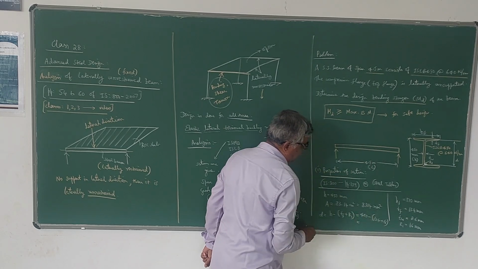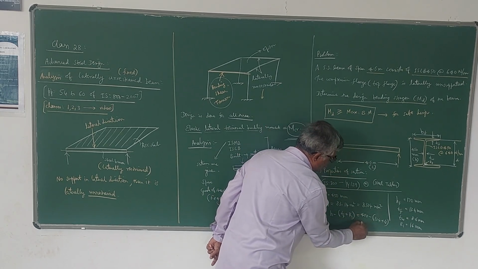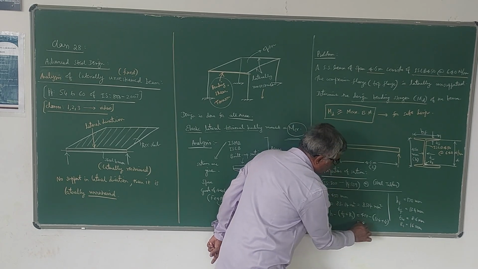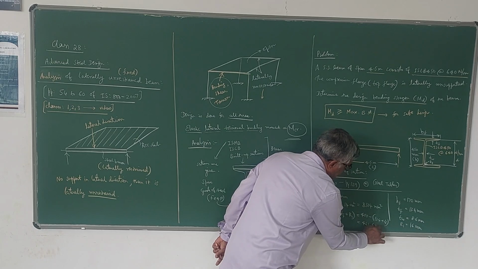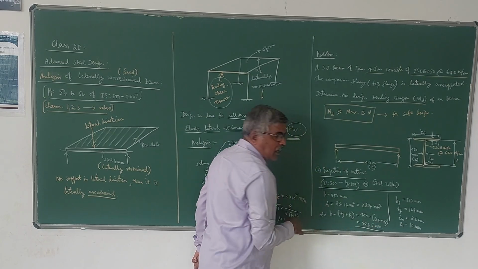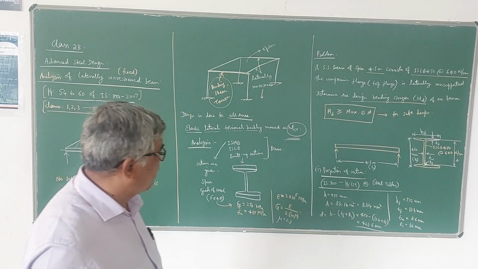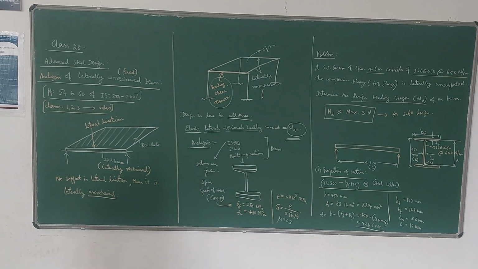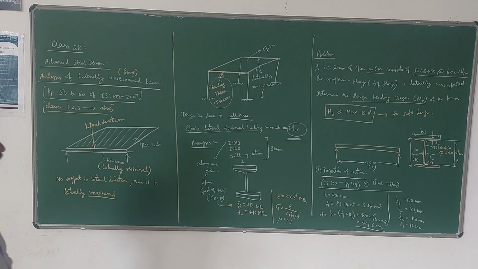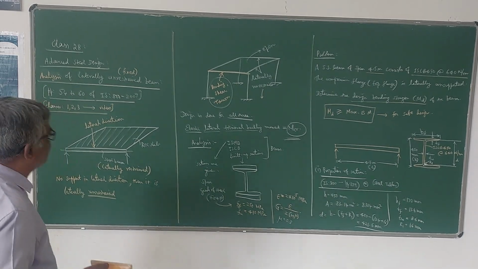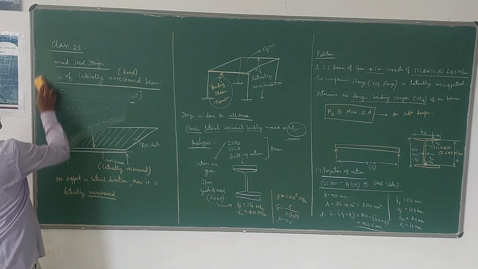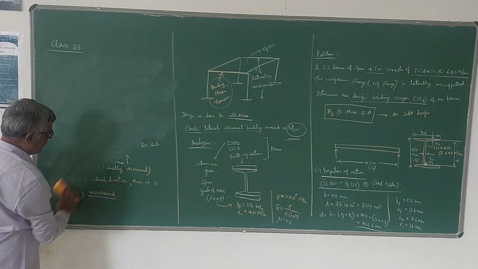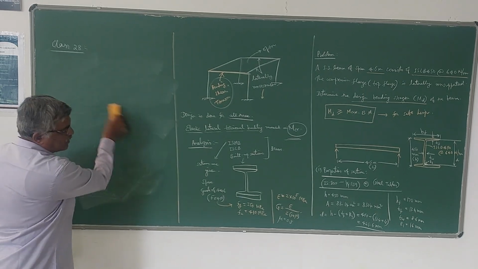That is 29.4, so 450 minus 29.4, which is 420.6.